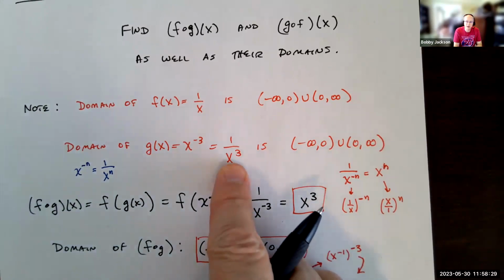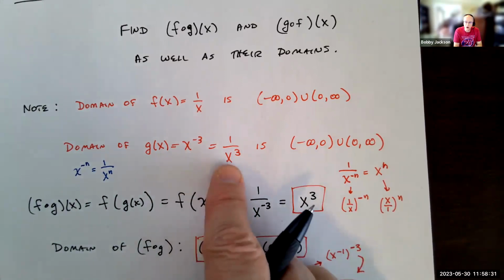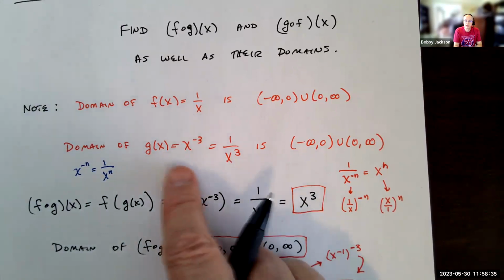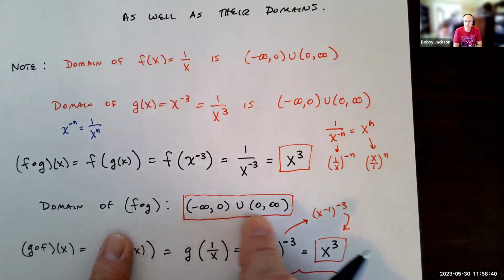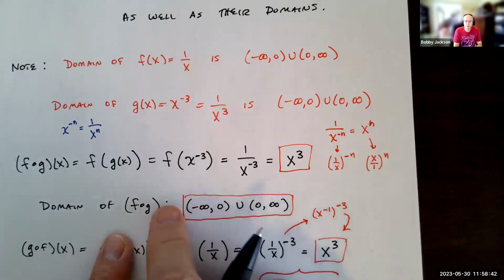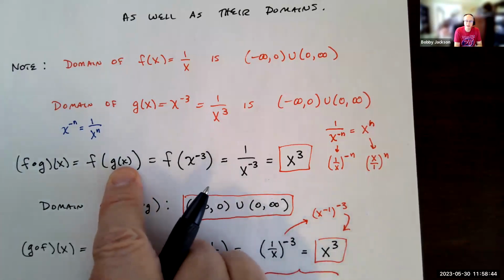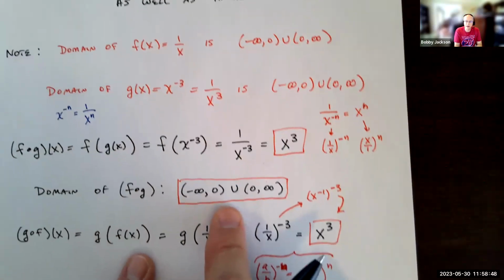So the range of g of x is also all real numbers except for 0. The bottom line is our domain for f circle g is everything except for 0, which comes from plugging into the inner function g, which has that domain.